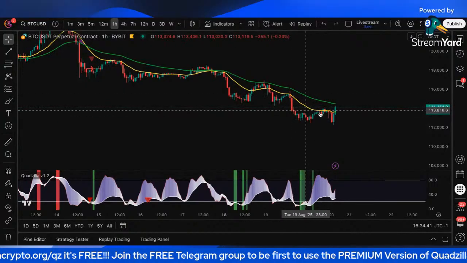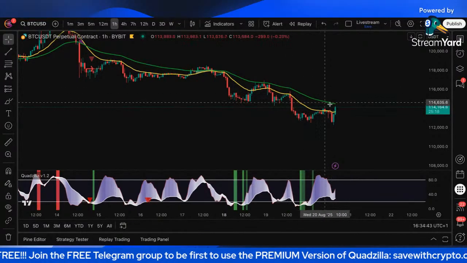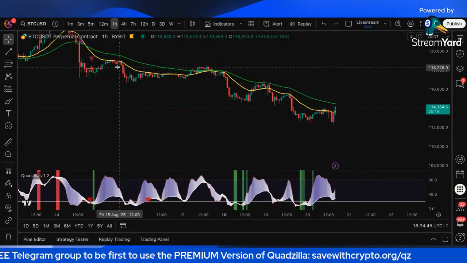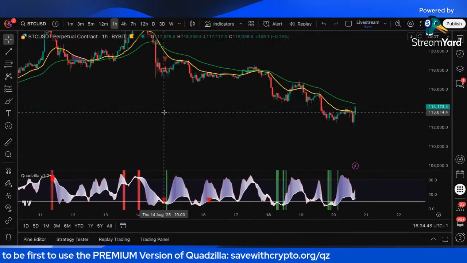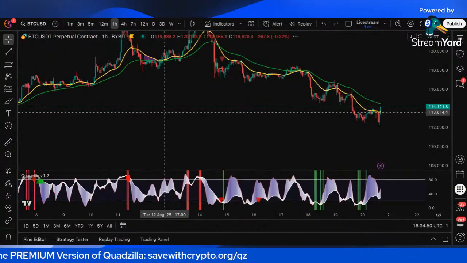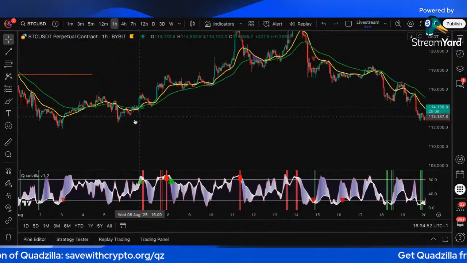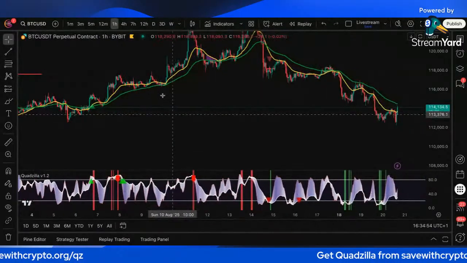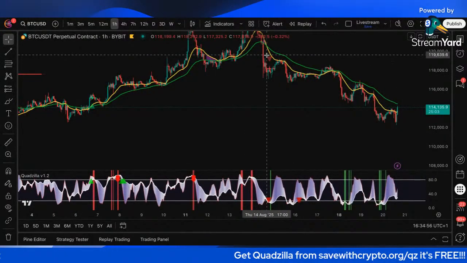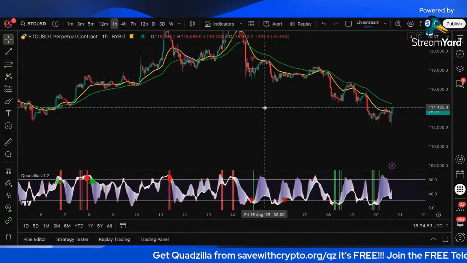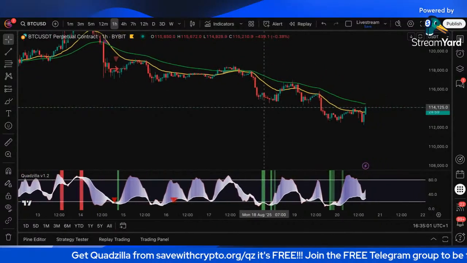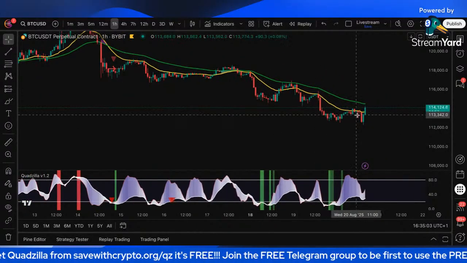This yellow one is a 21 EMA. The green one's a 55 EMA. And I'd like to see these cross bullish, like for example, what happened there. Because it's pretty much been bearish since Thursday, which is quite a long time, about a week or so. So I would love to see that happen.